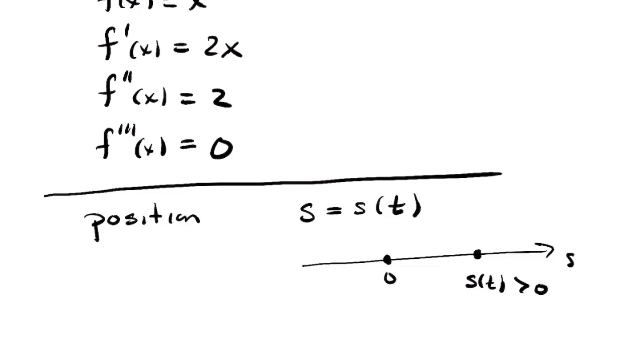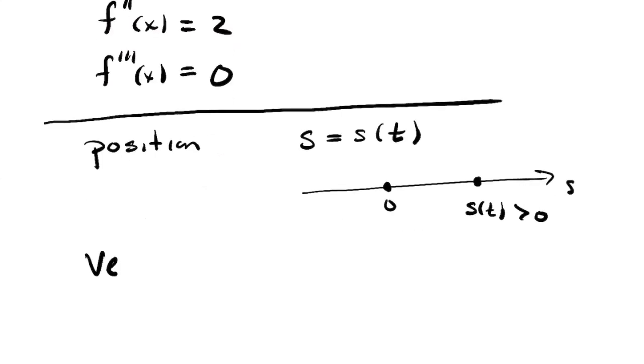Maybe it's a falling object. Maybe it's an object moving along a straight line. It doesn't matter. We've talked about the velocity, the signed kind of speed of that thing. I'm going to call it v, but it's the first derivative. If s of t is measured in, say, meters and t is in seconds, then this would be in meters per second, the velocity function.